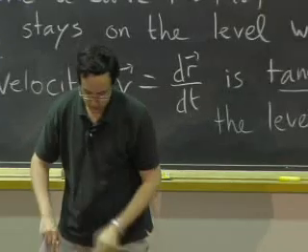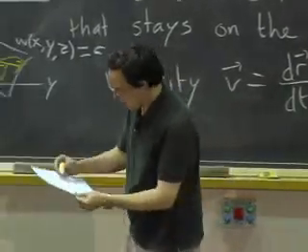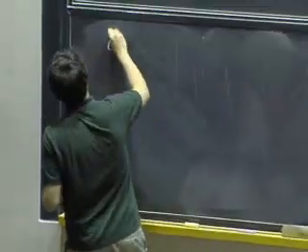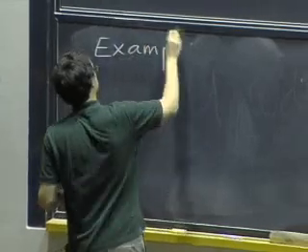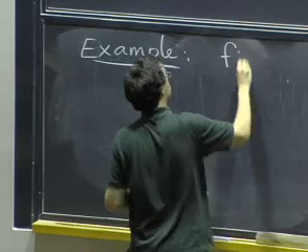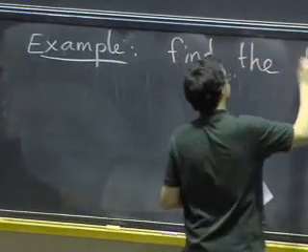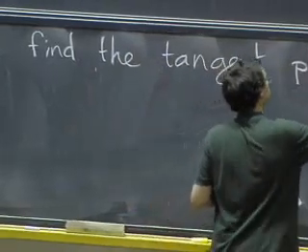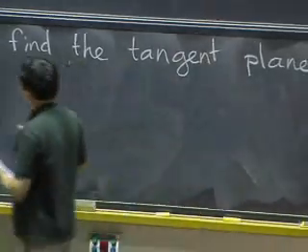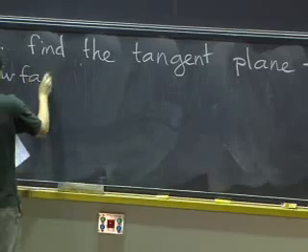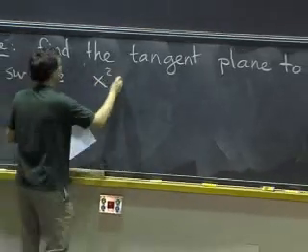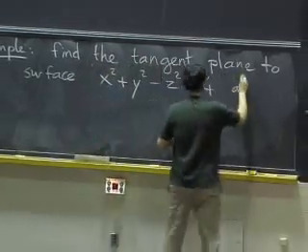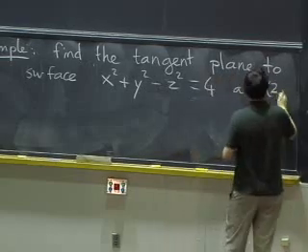So let's say that, for example, I want to find the tangent plane to the surface with equation, let's say, x squared plus y squared minus z squared equals 4 at the point (2, 1, 1).